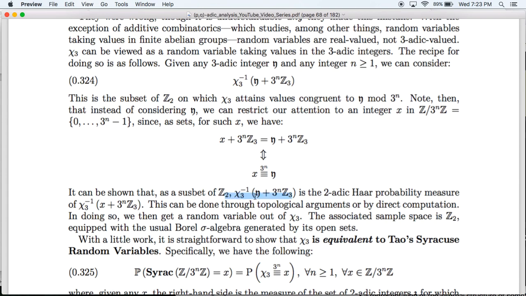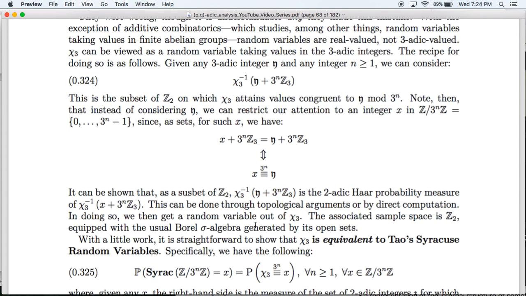It can be easy to show that this set is measurable with respect to the two-adic Haar probability measure on the two-adic integers. And by here I mean the real valued one. You can do this by topological arguments or by direct computation. So in doing so, we get a random variable out of chi3.